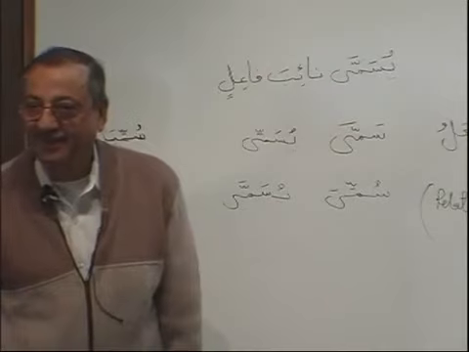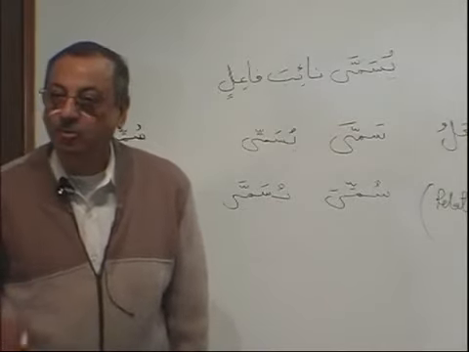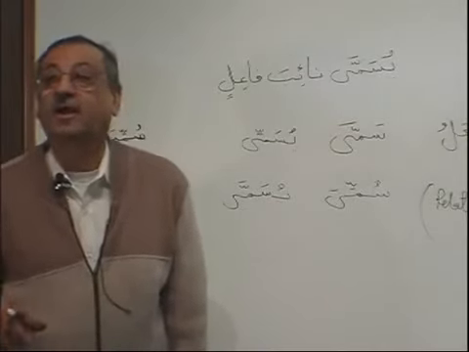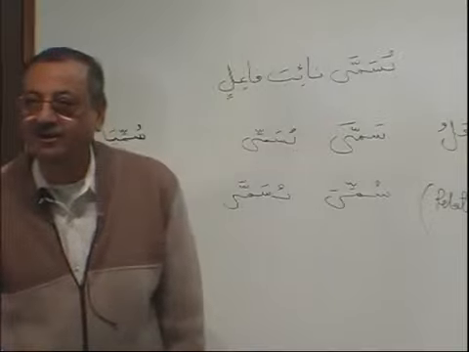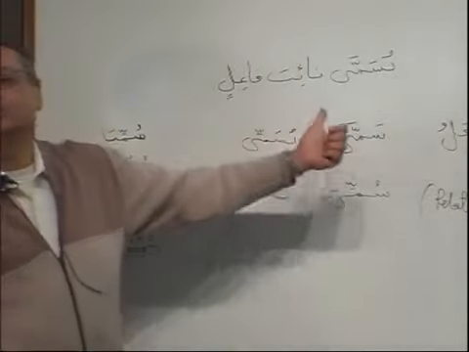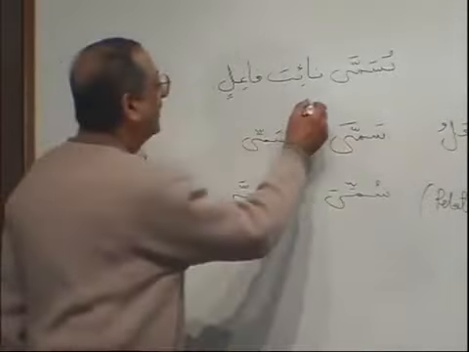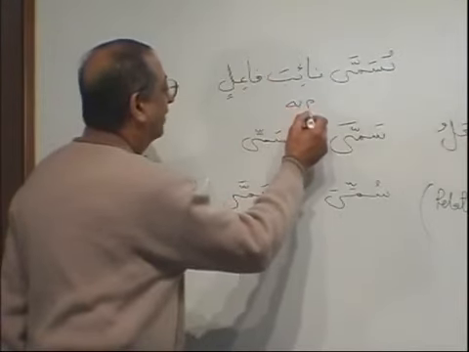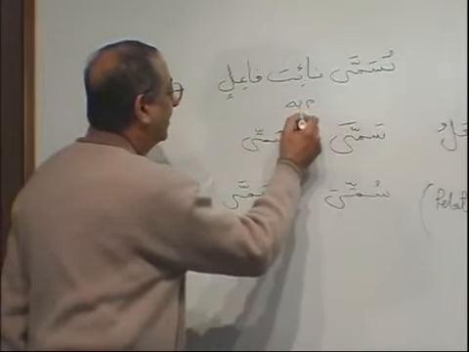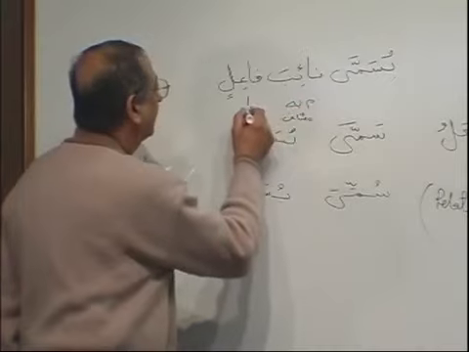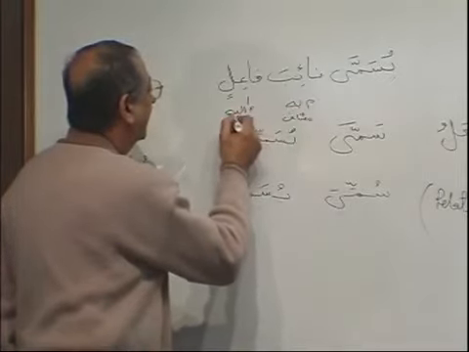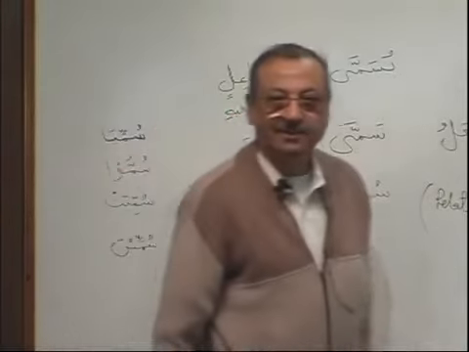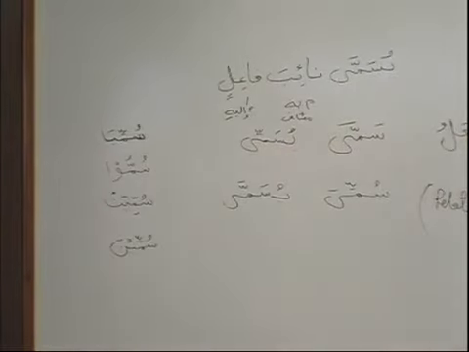Mustatir, taqdiruhu huwa. It is called. And what is it called? So this is your again maf'ulun bihi wa muhammad mudaf, and then this is mudaf ilayhi. Got the idea, brothers and sisters? Inshallah, I will keep on reminding you, and inshallah you will understand.